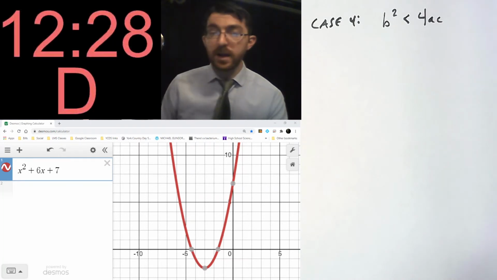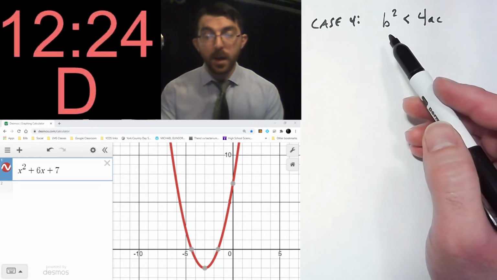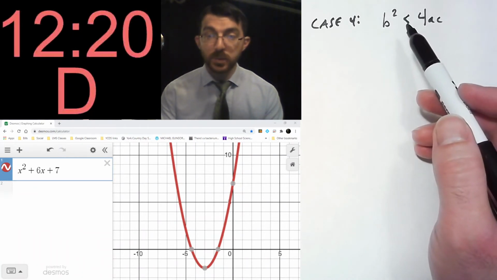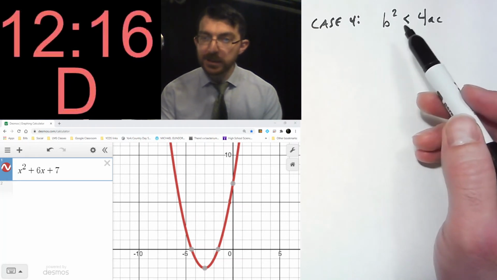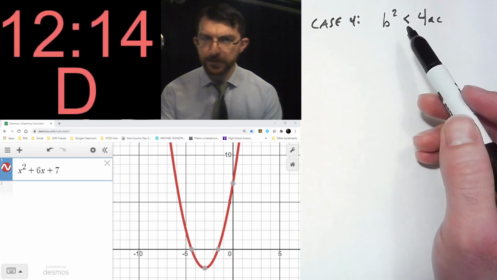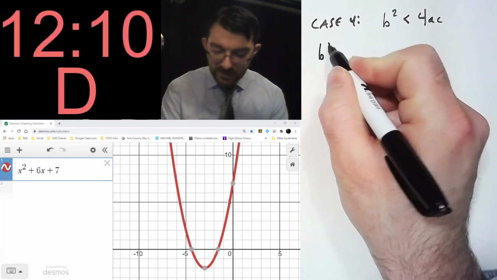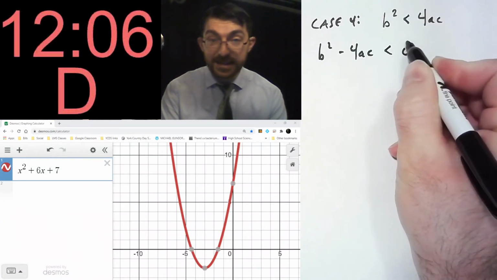Okay, we started out with b squared equal to 4ac. Then we had b squared greater than 4ac, because when you subtract it, you get something left over. But now b squared is less than 4ac. When b squared is less than 4ac, it means that b squared minus 4ac is negative.